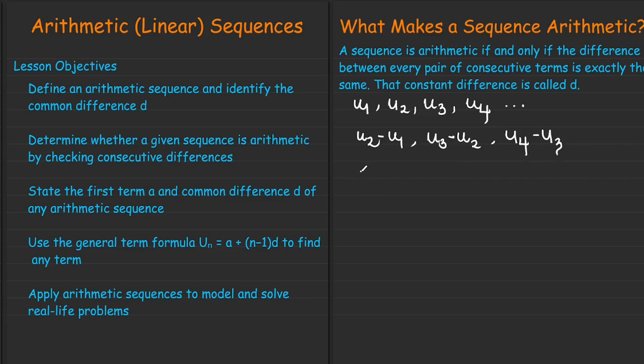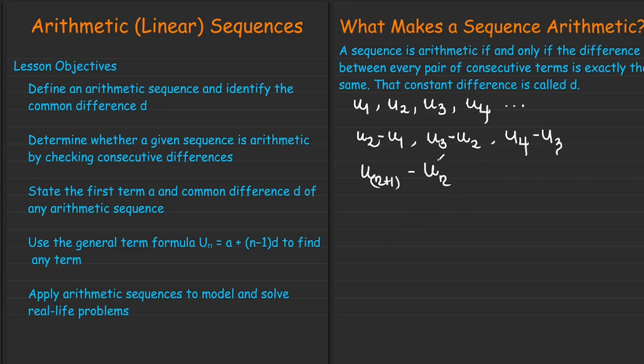That is to say, you'd compute the (n plus 1) term minus the n term. If all these are equal, then you can see your sequence is arithmetic.